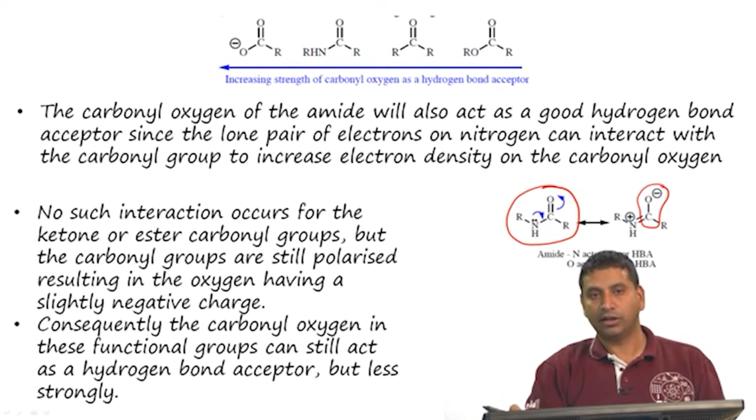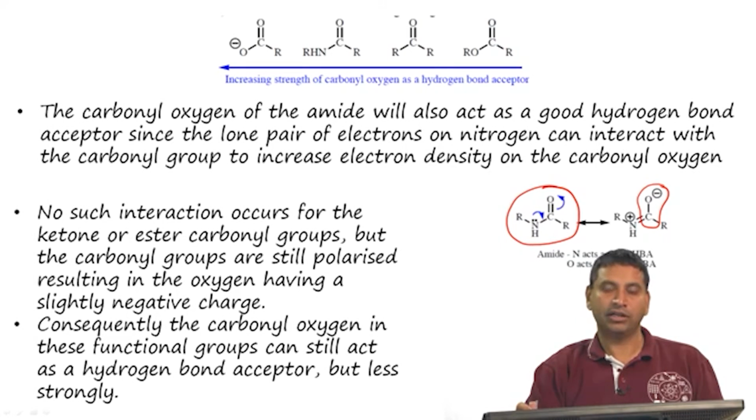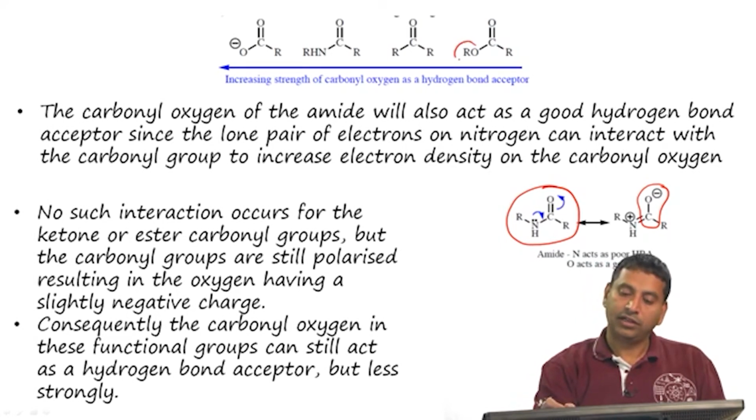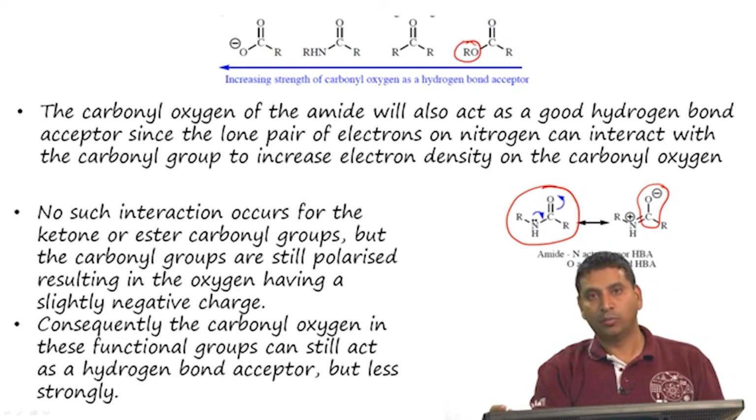Consequently, the carbonyl oxygen in this functional group is a much better hydrogen bond acceptor compared to a ketone and an ester. In the case of a ketone and ester, the electronegative OR is going to pull electrons from the carbonyl and therefore makes the carbonyl a poorer hydrogen bond acceptor.